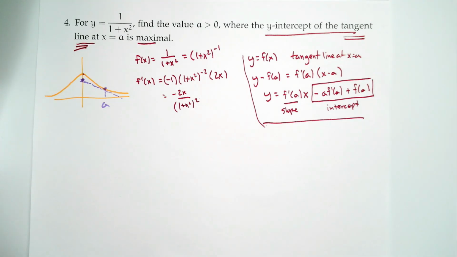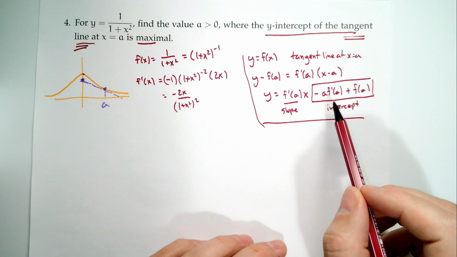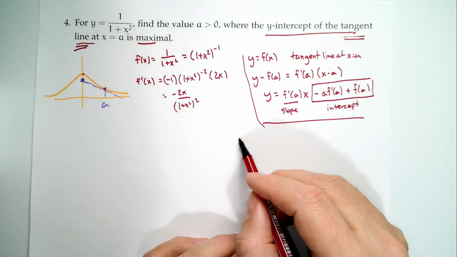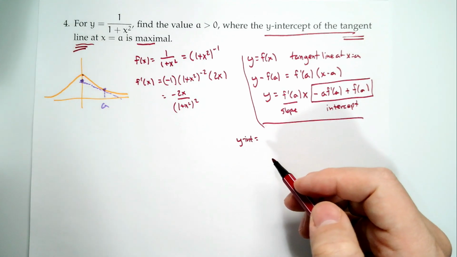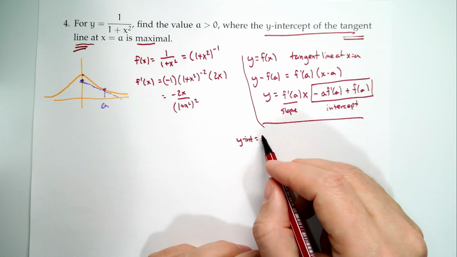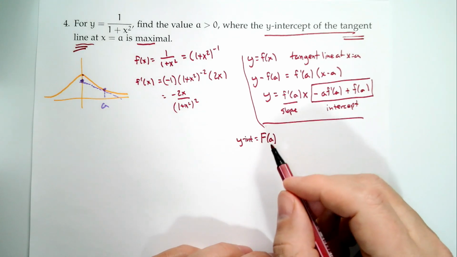So here we go. I'm going to use this formula here. Our y-intercept, we're going to think of this as some function. I'll call it capital F of a. So we're making a function.